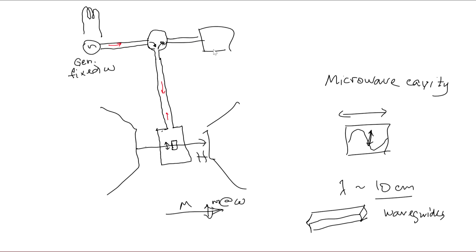And you put a detector here. Typically a microwave diode is used as the detector. So that is the setup. You would be sending microwaves at a certain frequency down, and then detecting the microwaves that are coming out into the detector.